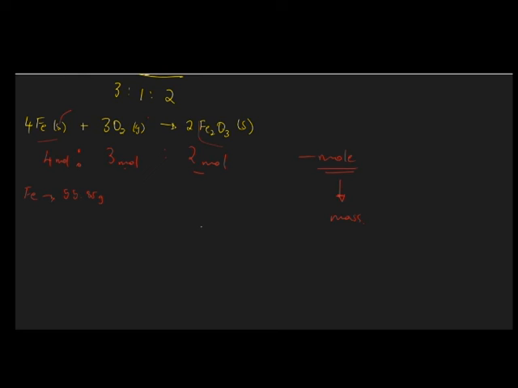However, in this equation you need 4 moles of iron. But what we have is 55.85 grams of iron, and this is per mole because this is one Fe.